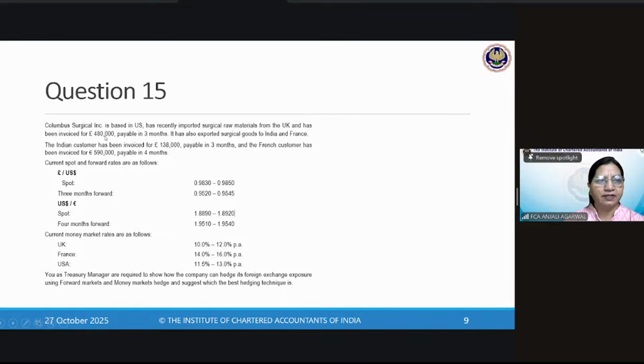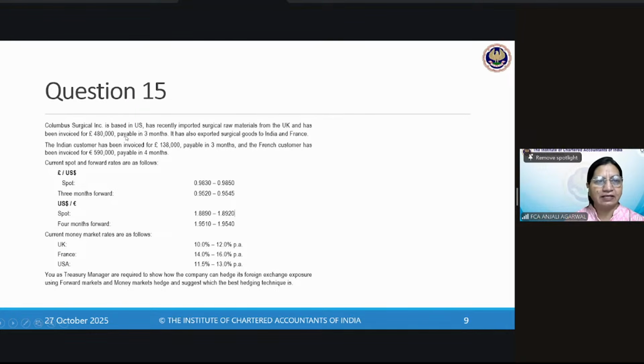So 480,000 pounds was the payables, and 138,000 pounds and 590,000 euros were the receivables. Similarly, you can use either the forward market or the money market instruments. How do you use the money market hedge? By looking at the rate of interest available in the different countries: UK, France, USA.